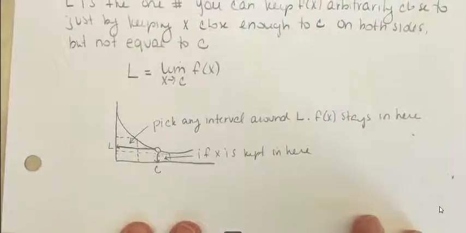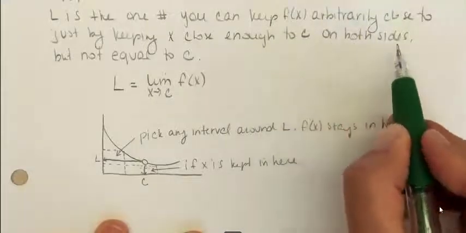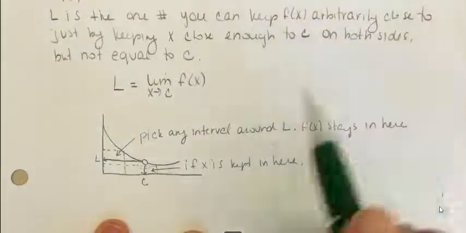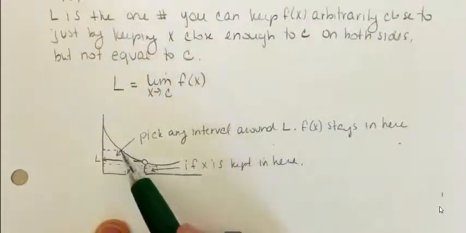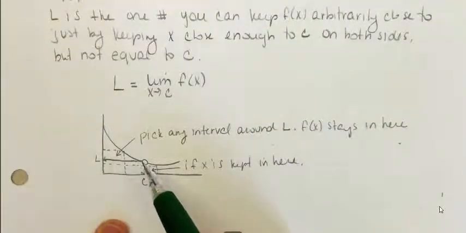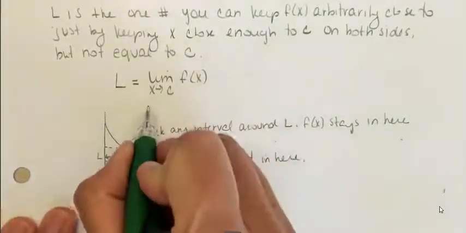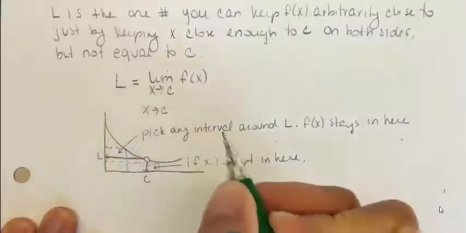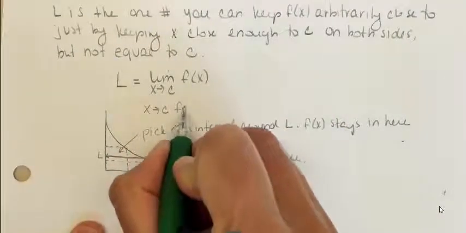Another thing it's important to remember is that we're talking about both sides. Coming towards c from the right and coming towards c from the left. So when we're talking about the limit here, as x approaches c, it's from both left and right.